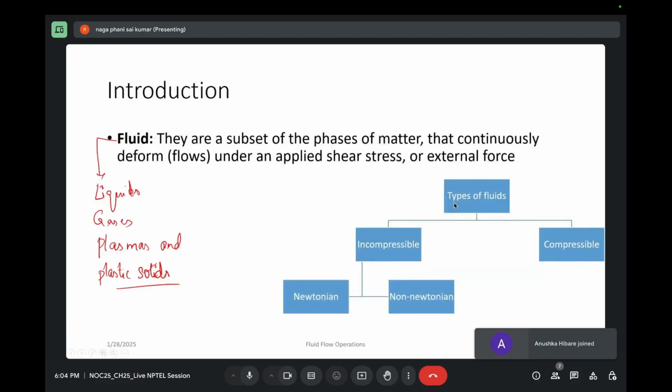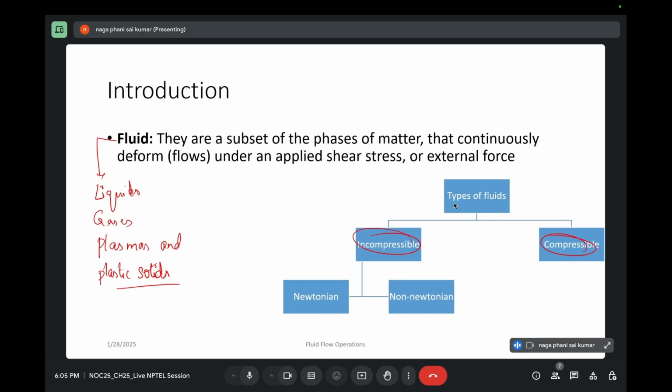Coming to types of fluids, these fluids can be categorized into two different types. One is incompressible fluids, and the other one is compressible fluids. We'll look into the types of fluids in detail in the following sessions. Incompressible fluids can be further divided into Newtonian and non-Newtonian fluids.